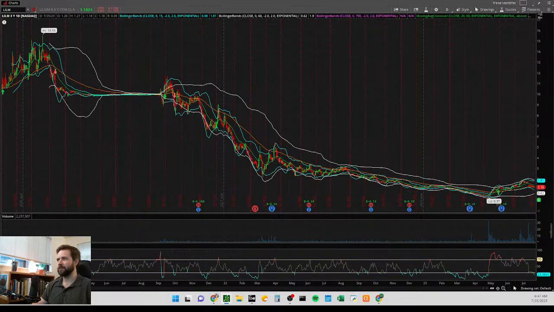Lilium down. Down 4% on a less than 1% position.